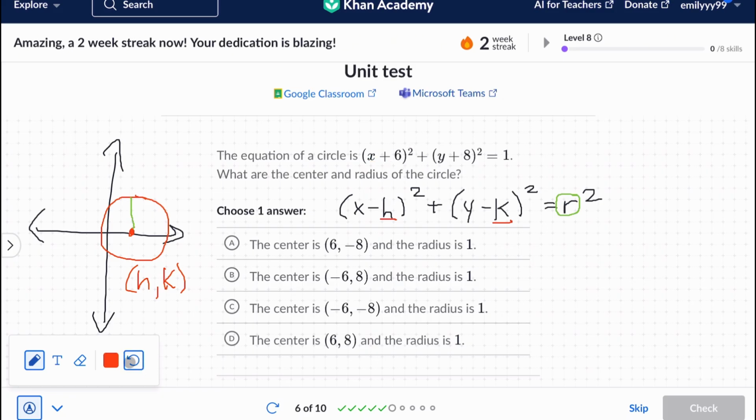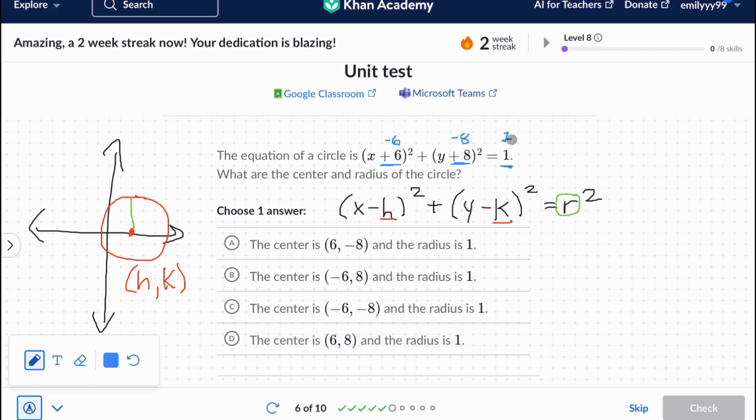If we look back at our equation, we can see that it says +6, which means that h is equal to -6. And then here, it says +8, which means that k is equal to -8. And then r squared is 1, so that means r is 1, because 1 squared is 1.